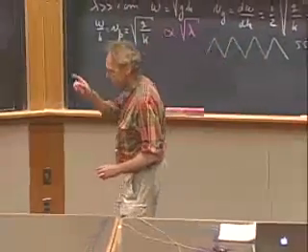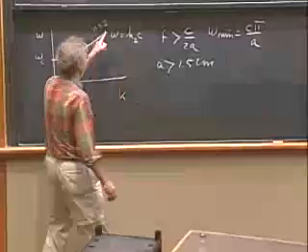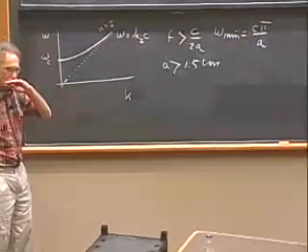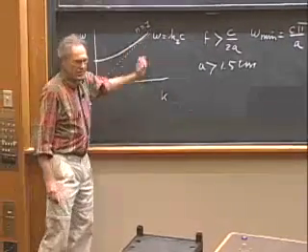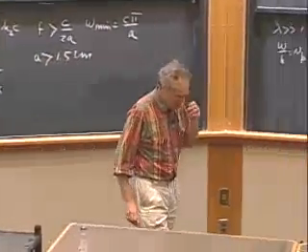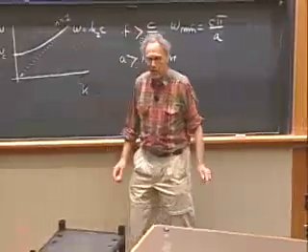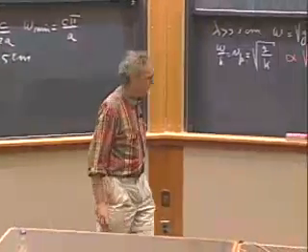Look at that dispersion relation. Look at this curve. This line indicates the speed of light c. That line indicates that when omega divided by k is c, that's the speed of light.